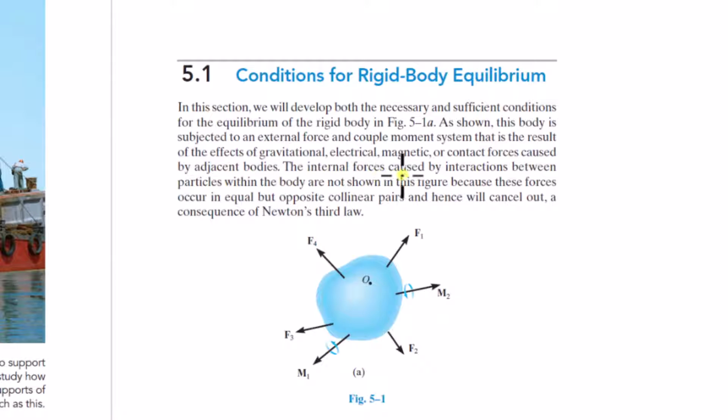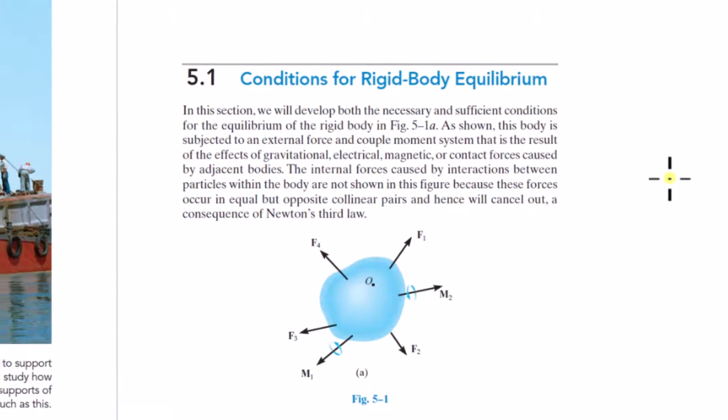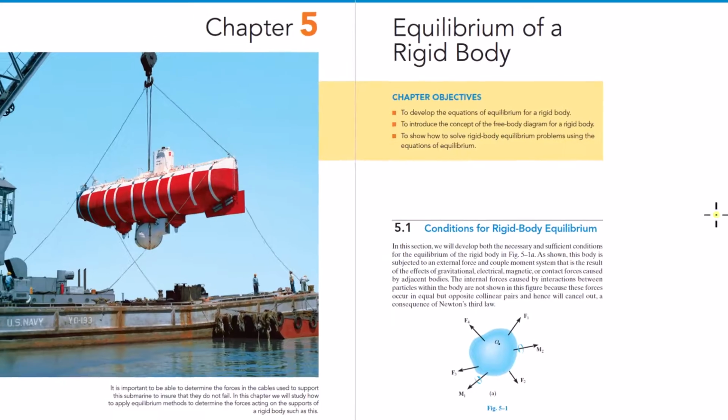The internal forces caused by interactions between particles within the body are not shown in this figure because these forces occur in equal but opposite collinear pairs and hence will cancel out, a consequence of Newton's third law, right? So we do not put internal forces on free body diagrams. We talked about this in the full-length video.